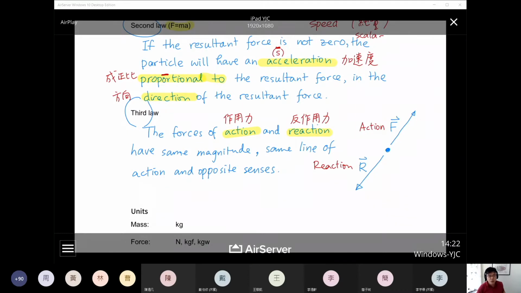How should I change the size of the icons? Let me see. Wait a minute. Thanks for letting me know.